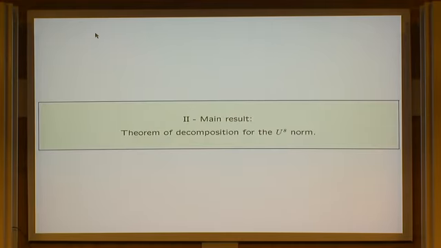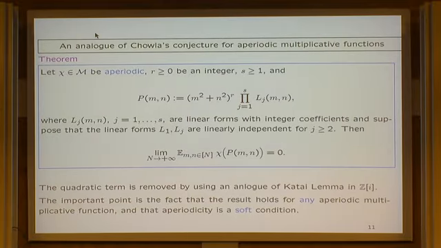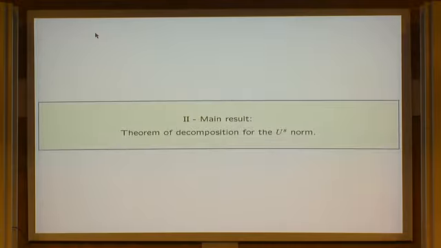So even for this one, we need the strong result of decomposition. We cannot stay inside the family of aperiodic multiplicative functions, even for this one. So the main result, my second goal, is to decompose every multiplicative function as a regular part, a structured part and a uniform part.